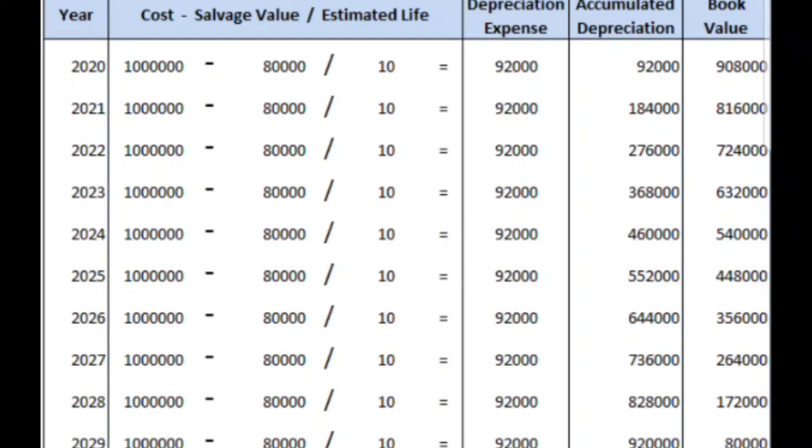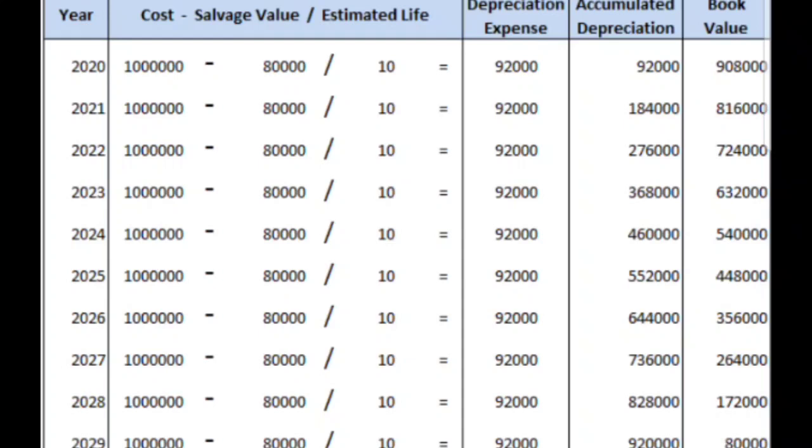Therefore, we will get the depreciation expense. As you can see, in 2020 we are getting 92,000, and accumulated depreciation means the total depreciation. So total depreciation till year 1 is 92,000.